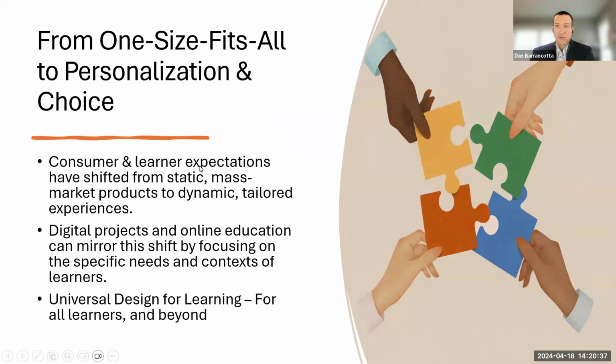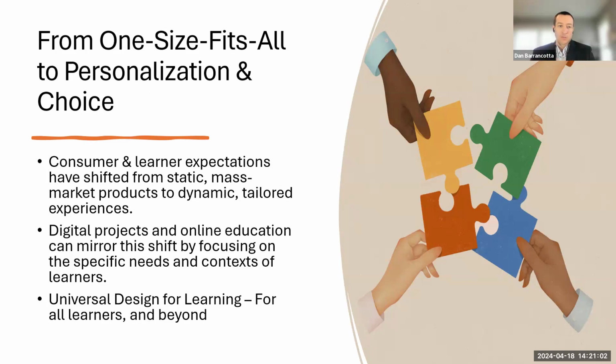And what we really want to do when we're designing, and whatever it is that we're designing, is we want to recognize the shift that we're seeing across not only our learners in higher education, but just across the world in general here. And we've really come from this sort of one size fits all approach to a society that really demands personalization and choice throughout. And it doesn't really matter what we're talking about.